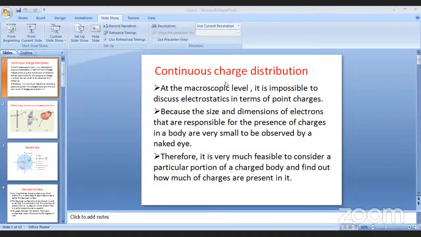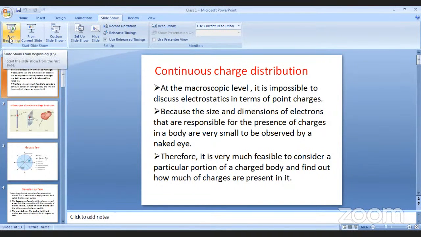So, students, good evening, all. Now I am sharing my screen. For the past few classes, we were discussing the different kinds of concepts related to point charges.